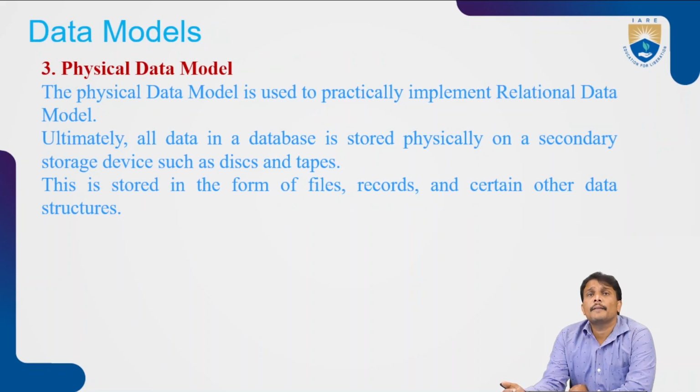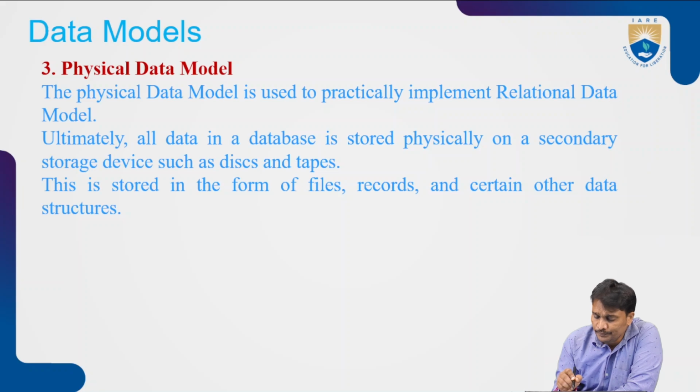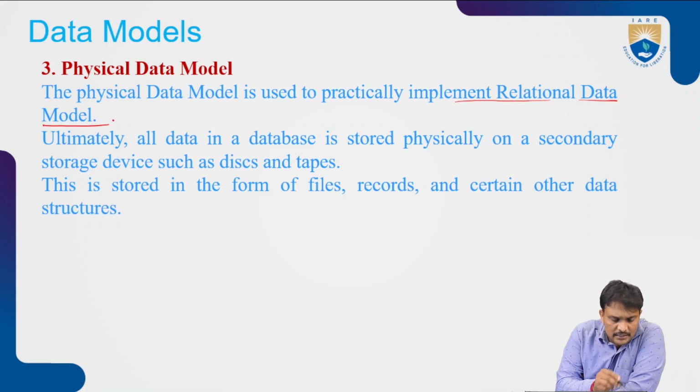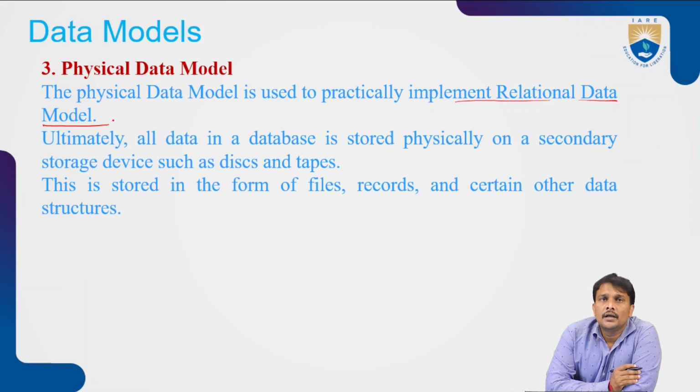Coming to the physical data model. The physical data model is used to practically implement the relational data model, so that ultimately the data can be stored in the database physically.